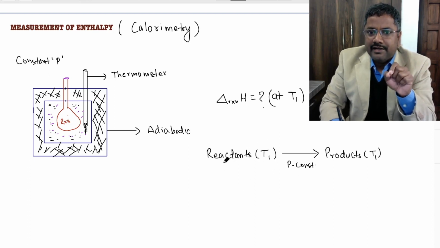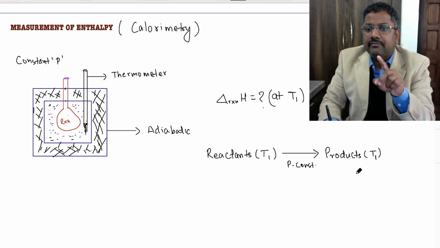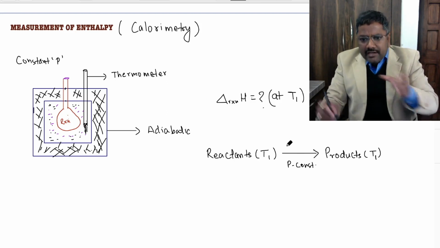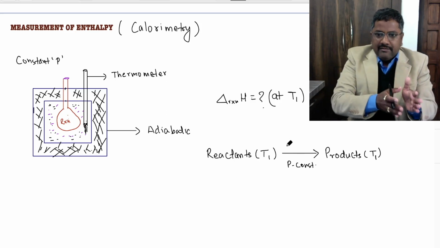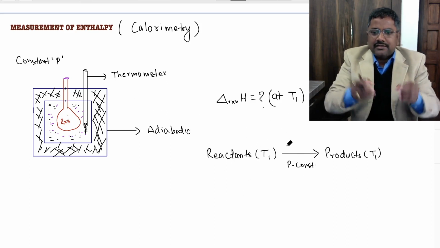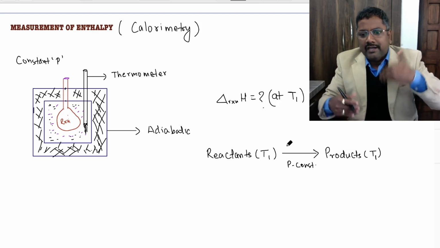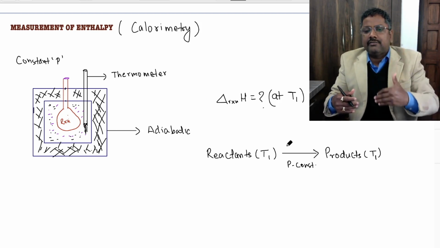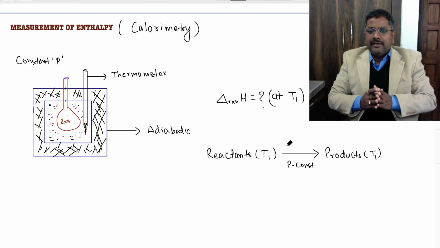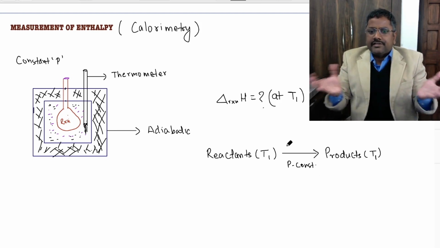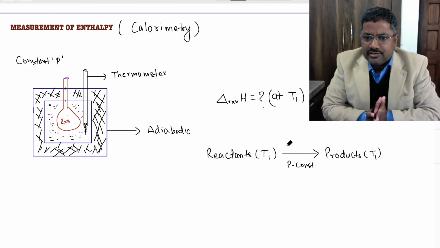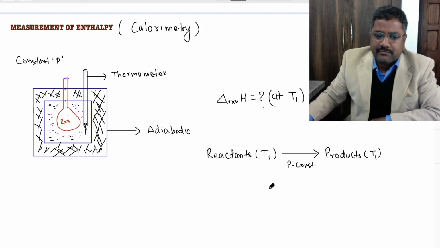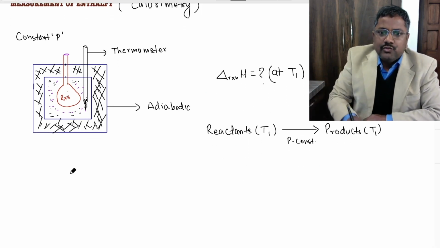So it is mandatory that reactants and products both are at the same temperature. But before the formation of product, it is immaterial how many times you heat or cool, because this is a state function, independent of the history and the path of the system, right? So for this purpose I am designing a two-step process.